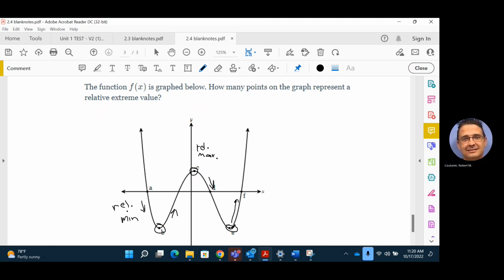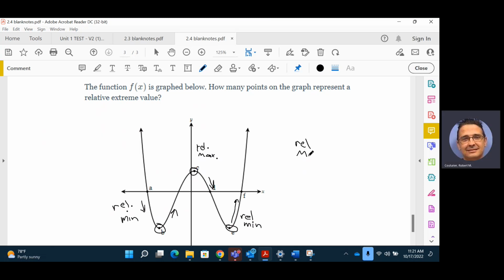And then look, we had one more that we circled that was one of those changes. Again, this is at the bottom of another hill. So again, this is another relative minimum. If you want to be specific, sometimes they ask us, this graph would have two relative minimums.